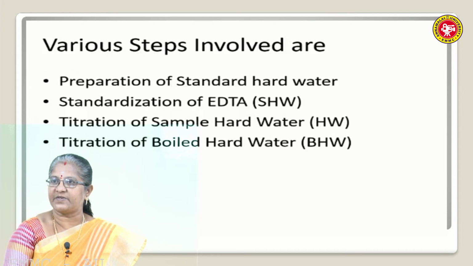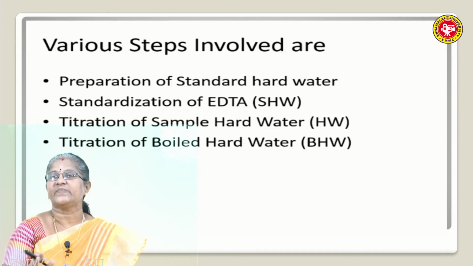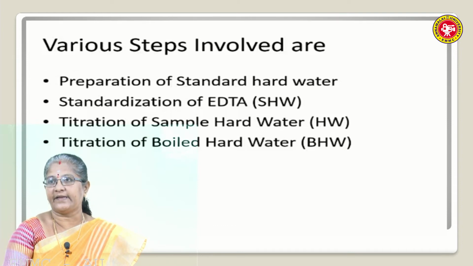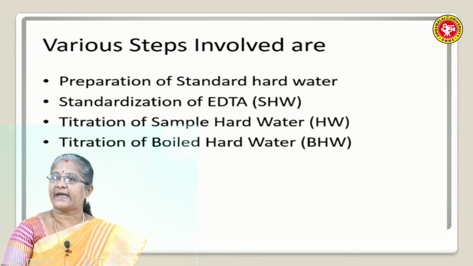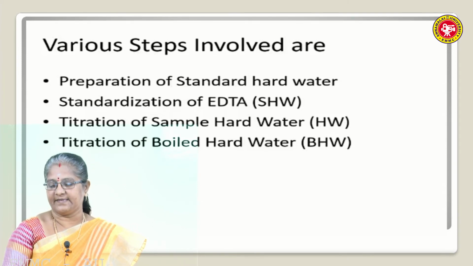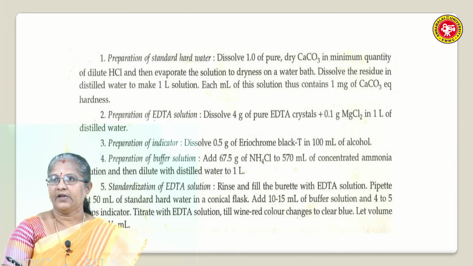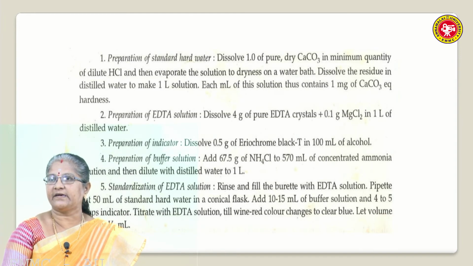After removing the precipitates, the temporary hardness producing substances, the filtrate will contain only permanent hardness substances, isn't it? So titration of that is also essential, and later we'll add both to give the total hardness.